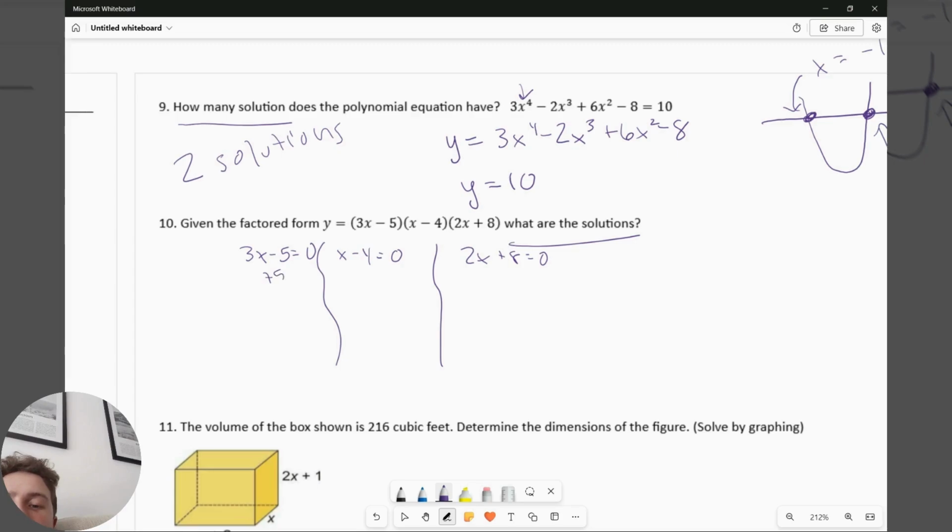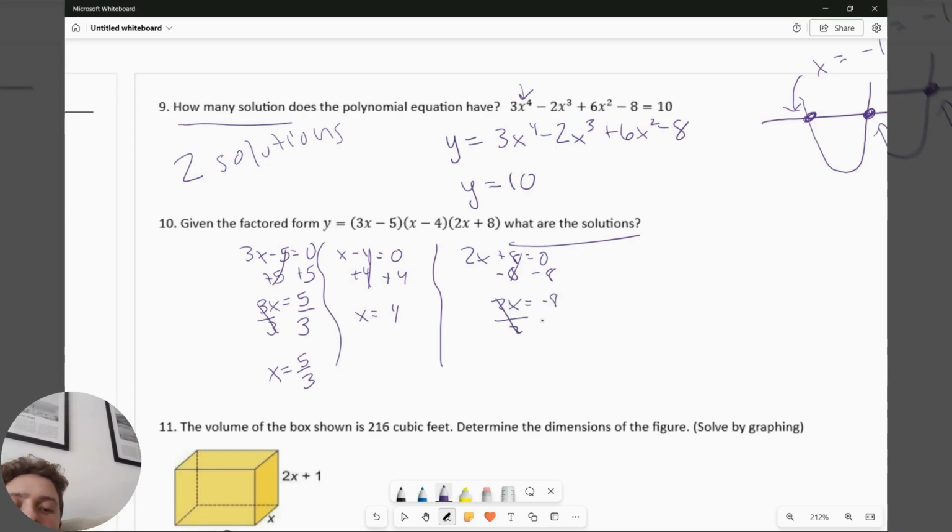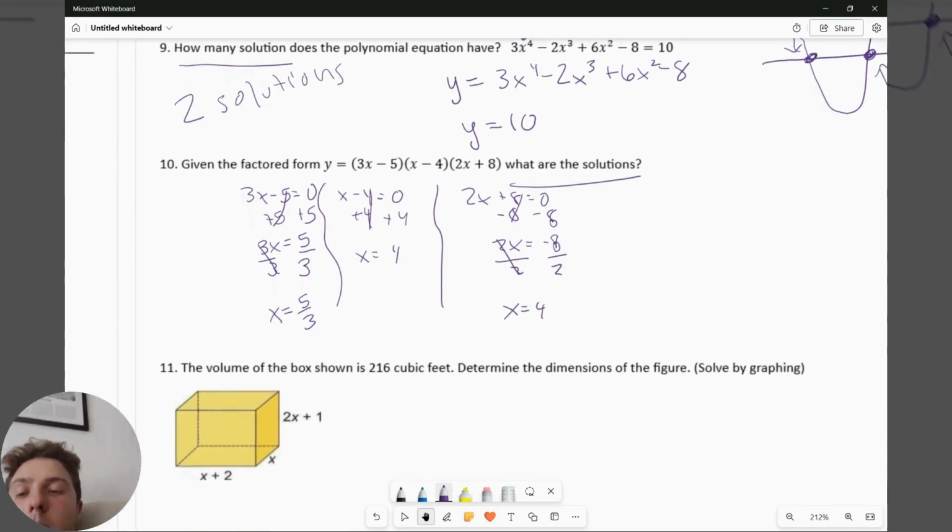So now you just have to solve each of those, seeing what we end up getting. x equals 5/3. x equals 4. And x equals negative 4. That's an 8 there. That's a sloppy 8, but you guys see it there.